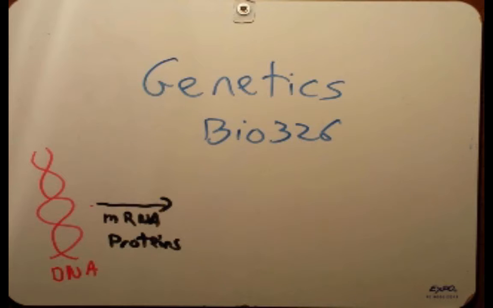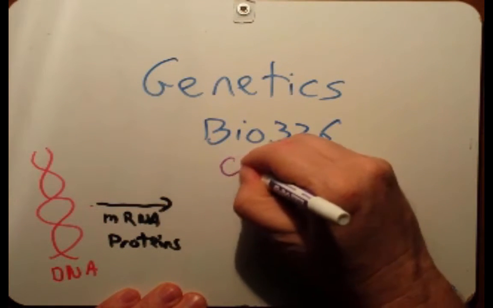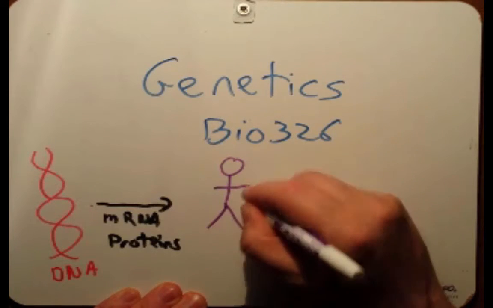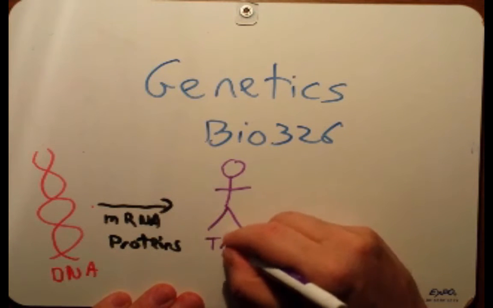As I said just a moment ago, this will help develop traits, and I'm just going to draw a person here. So the traits that this person or any organism has are all because of the DNA and the environment. So we have traits here.